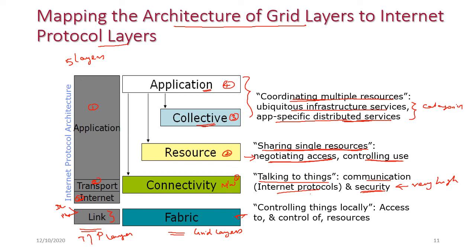Here we control things locally: we control all the grid things locally. Access to, what we are going to access, and control of, how we are going to control all those things. What are the things we are going to control? All the grid resources: which resources we are going to access and how much we are going to access, everything we need to manage and maintain by using the control components.